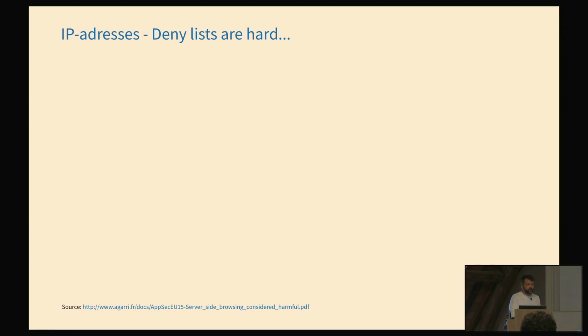Another problem is if we try to do deny listing. So deny listing is when instead of doing positive input validation, we're trying to block stuff, block bad stuff. So we have this IP here. This is an IP that's frequently used on cloud services.